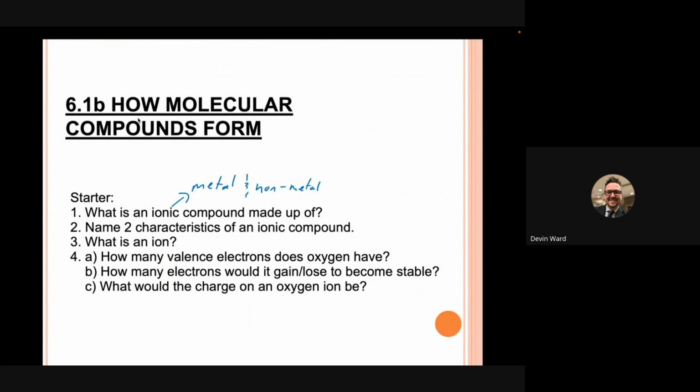So when atoms in the molecular compound combine, instead of passing the electron between each other, they share the electron. It's like I'm trying to teach my son right now. If he is playing with one of his trucks, and I'm sitting beside him, watching him play with his truck, I pick up a ball and just start bouncing it out of habit, throwing it back and forth between my hands.